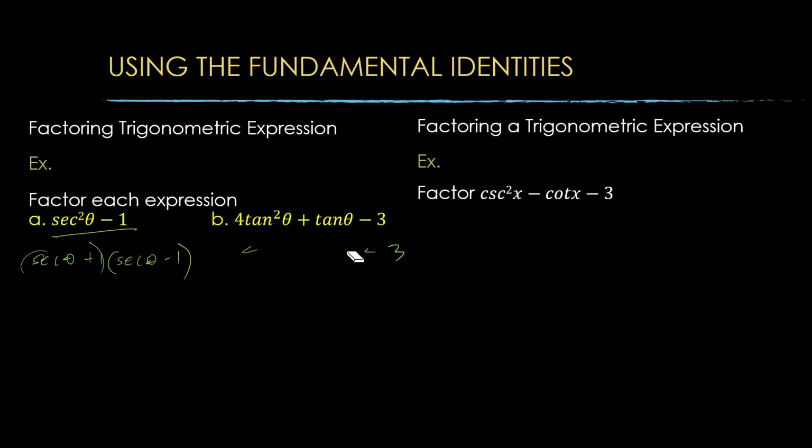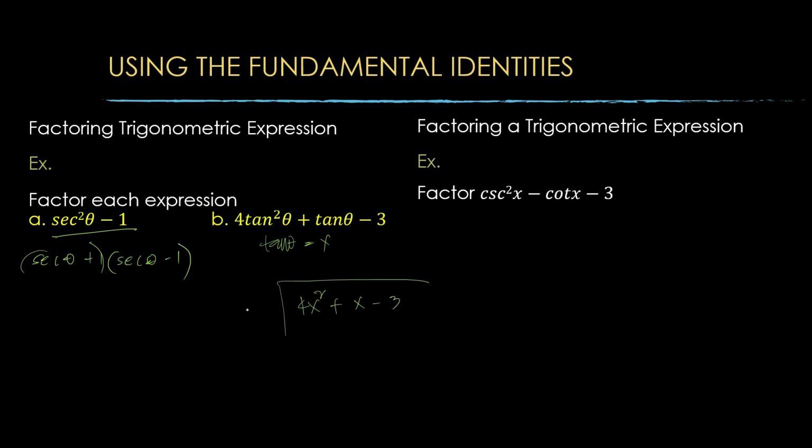So, if we try to factor this one by long division, let's name tangent theta equal to x. So this will become 4x squared plus x minus 3. Factoring by long division, I write it here: 4x squared plus x minus 3.